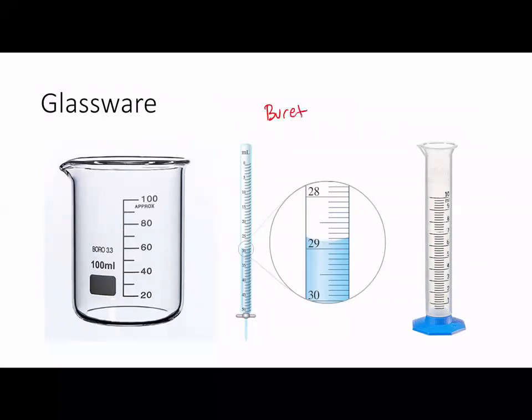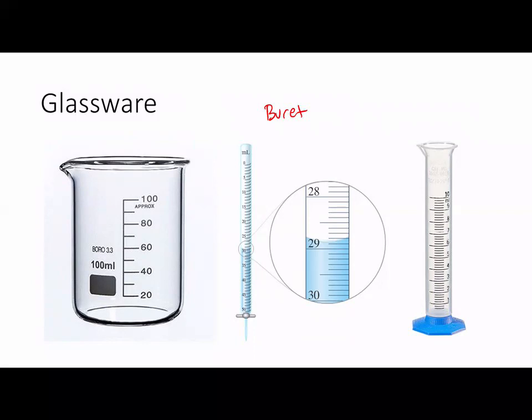This first one is a burette, and a burette is similar to a graduated cylinder, except it's flipped upside down. You can see that the numbers at the top are low and the numbers at the bottom are high, which is opposite of a graduated cylinder. So let's look at how we might measure this particular volume in a burette.